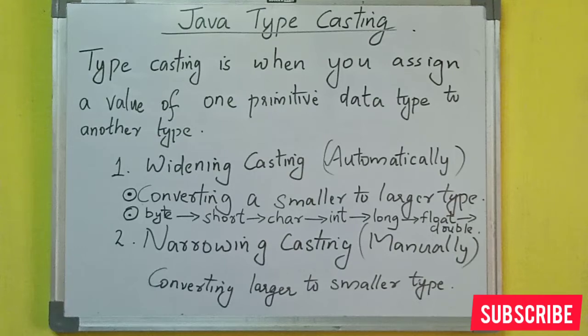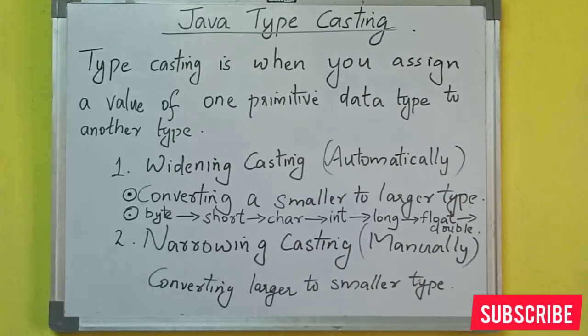In the ascending order of the size of the primitive data types, such a process is called widening casting, which is done automatically in the program itself. So converting a smaller primitive data type to a larger primitive data type is basically called widening casting.